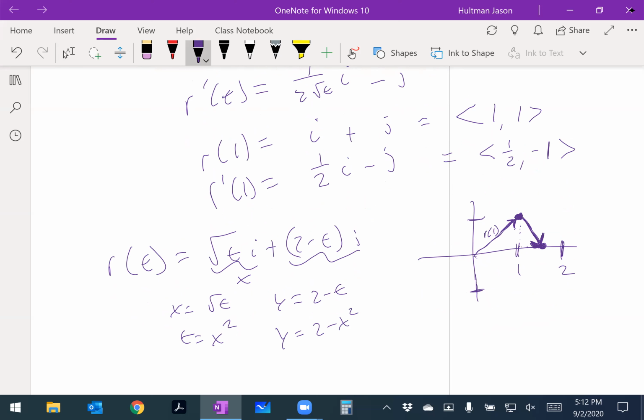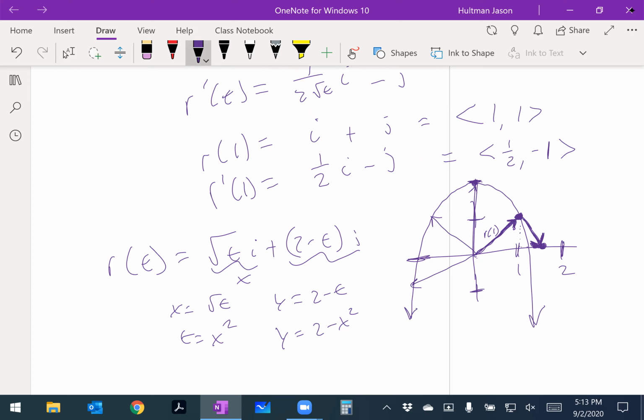That's a parabola starting at 2 and going down. If we turn it back to rectangular form instead of parametric form, isn't that a parabola? And this r of t is the vector valued function in 2 space that will give me all the points on this parabola.